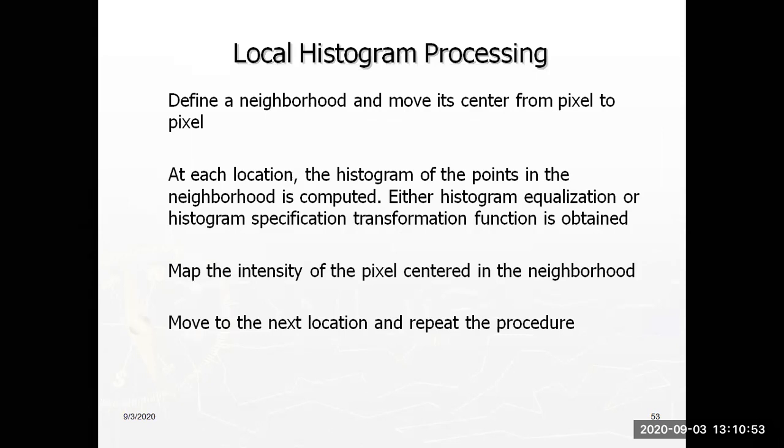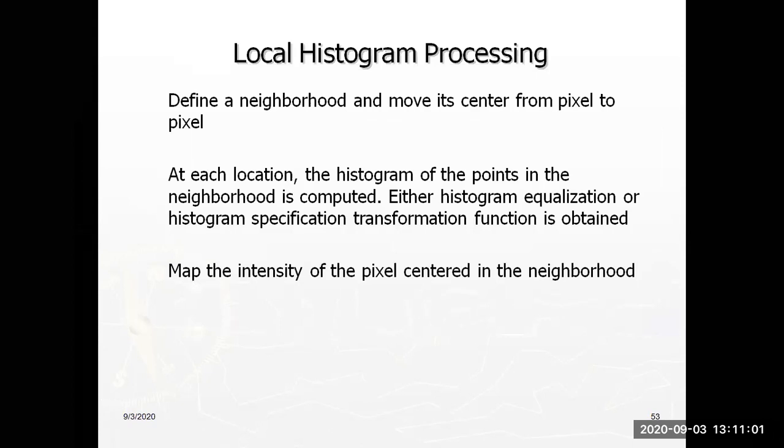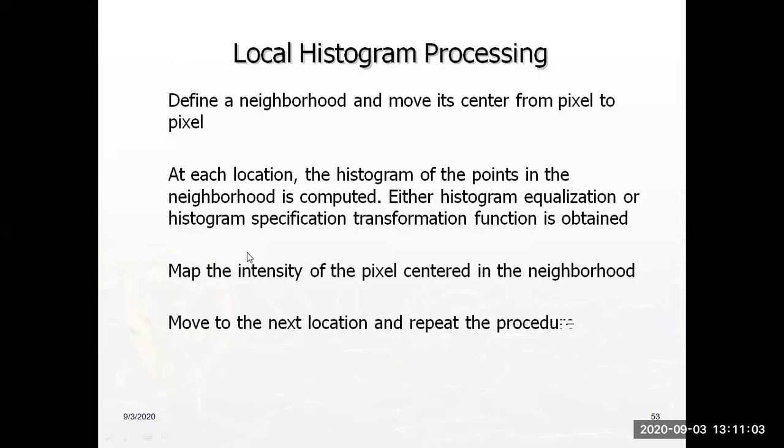Due to this, the intensity value will change, and definitely the original histogram is also changed. So we perform this local histogram process throughout the entire image, from the first pixel value to the last pixel value. Then we get a different operation, called local histogram processing.